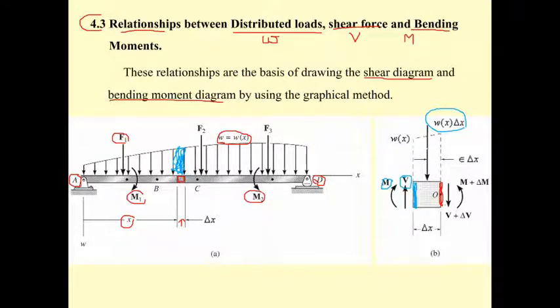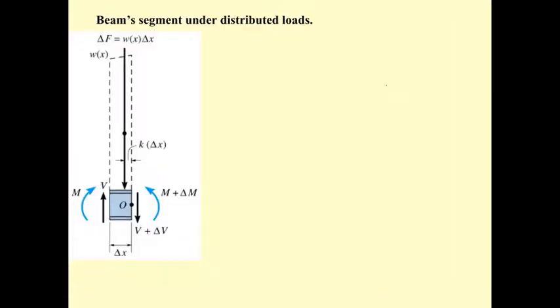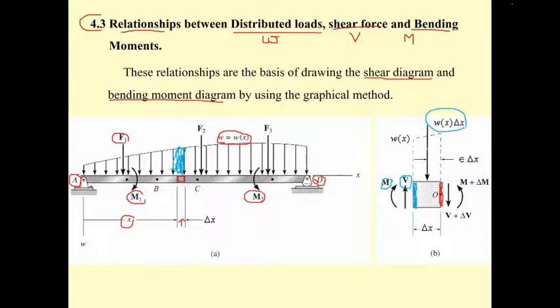So what is the relationship between them? Let's first consider the beam segment under the uniformly distributed load. But before we go there, let me recall the conclusions from the previous clip.